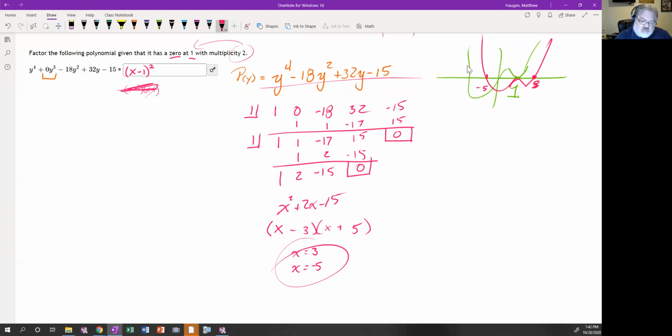Nice to know. But our factors are x minus 3 and x plus 5. So we did a little more than necessary because we weren't asked to do either of those things.